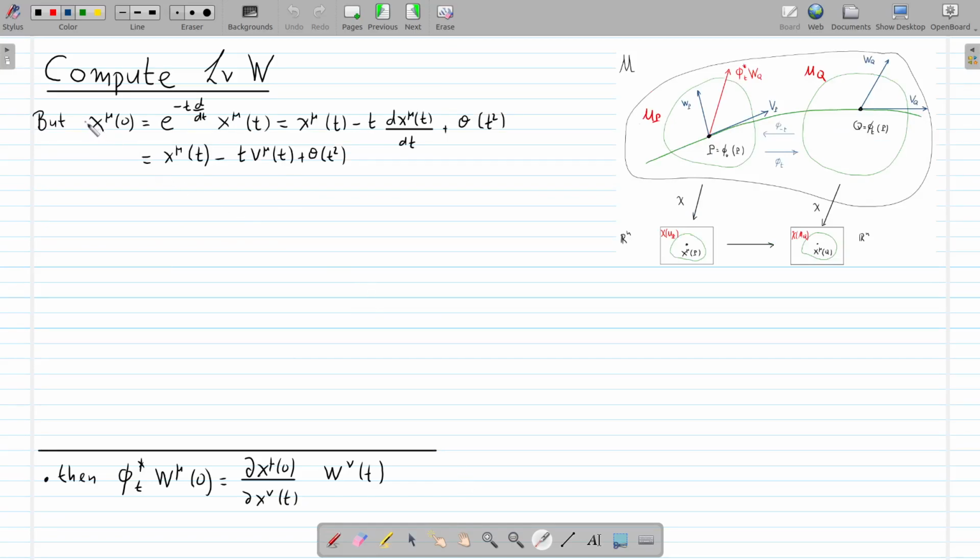Now, let's consider the coordinates of the point Q. These are related to the coordinates of the point P by applying this exponential operator with minus t here to drag it back to the point P. So this first order is given by x mu at the point Q plus the value of this derivative at the point Q. But this is nothing but the component of the vector field V that defines the one-parameter family of diffeomorphisms, phi of t.